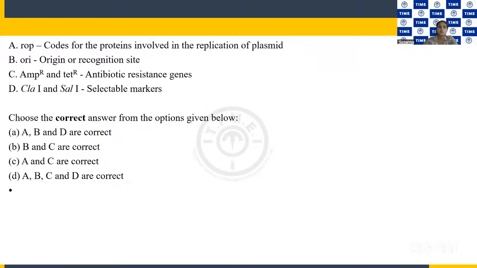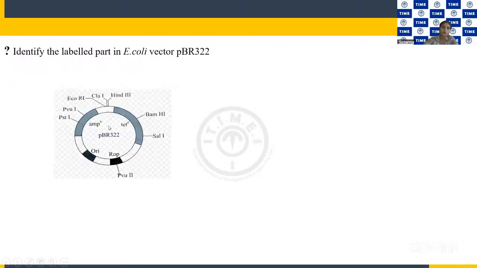And we are asked to find the correct answer. So before we go on to the question, let's quickly understand what this is. So PBR322 is actually a designed E. coli vector. Okay, the name of the vector is PBR322.